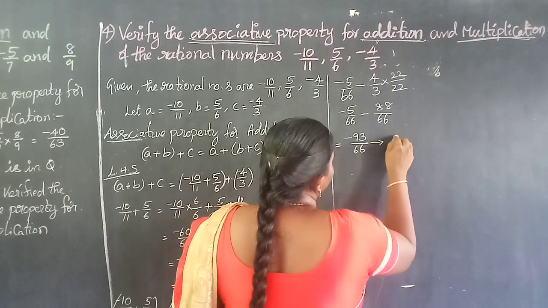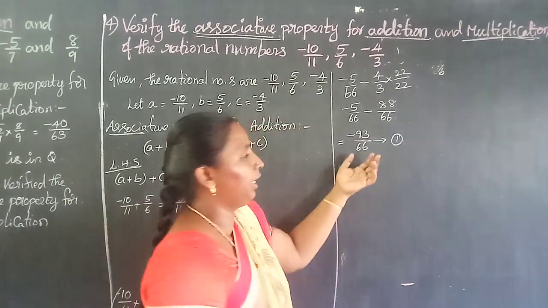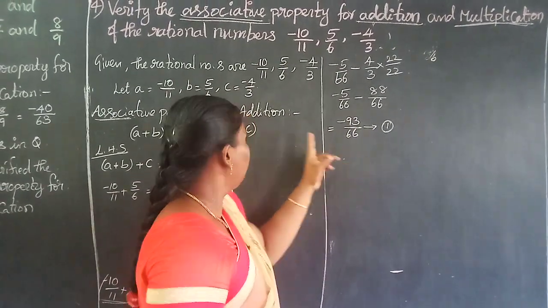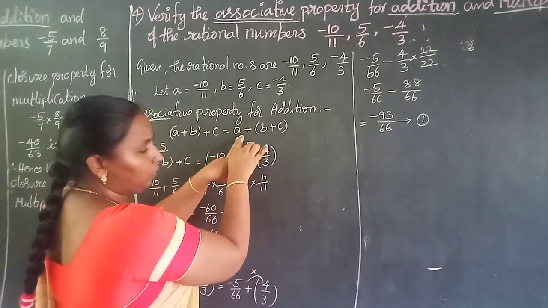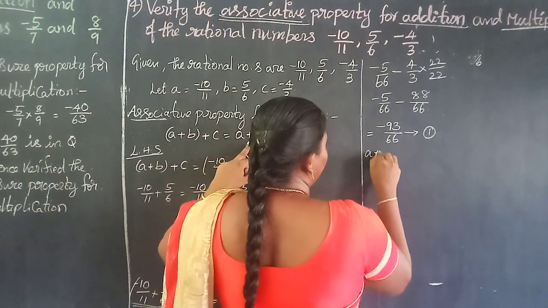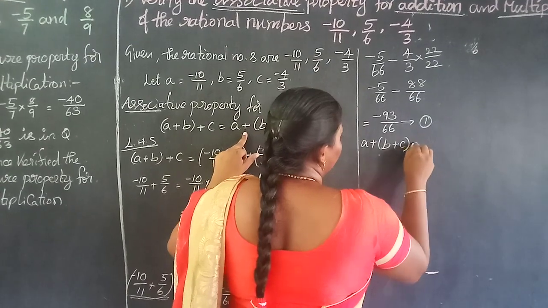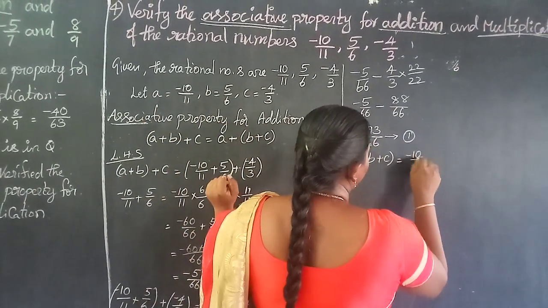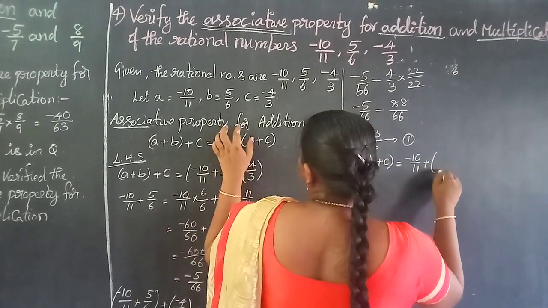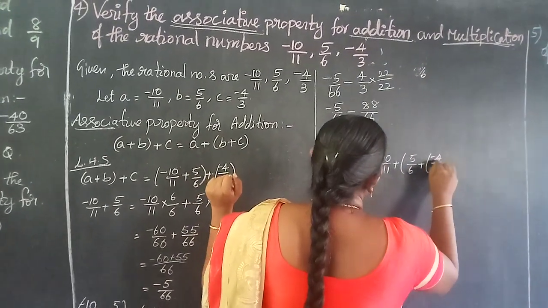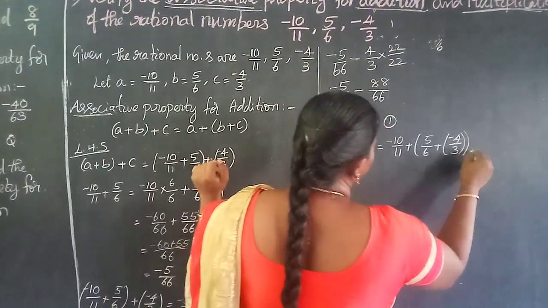Take it as equation number 1. This is the LHS part. We got minus 93 by 66. Next move on to the RHS part. What do we have in the RHS part? A plus (B plus C). First substitute the values: A is minus 10 by 11, plus B is 5 by 6, plus C is minus 4 by 3.